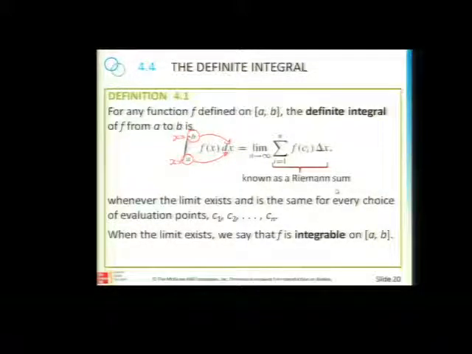First of all, f(ci). ci is just any point within the interval from A to B. ci is any point. So we have c1, c2, we have n number of points from A to B. So these f(ci) are the value of the function corresponding to those points c1, c2, and so on. In other words, these are the y values, right?